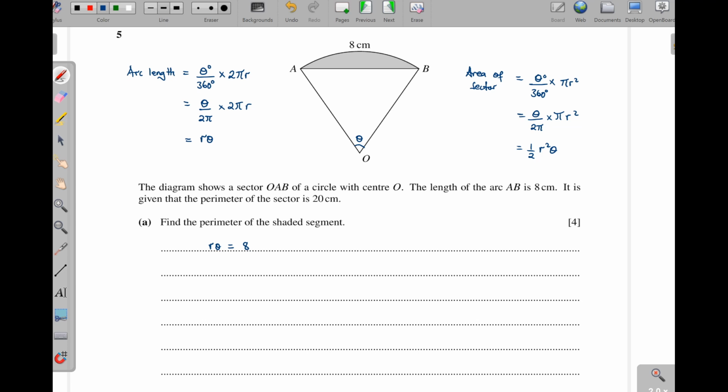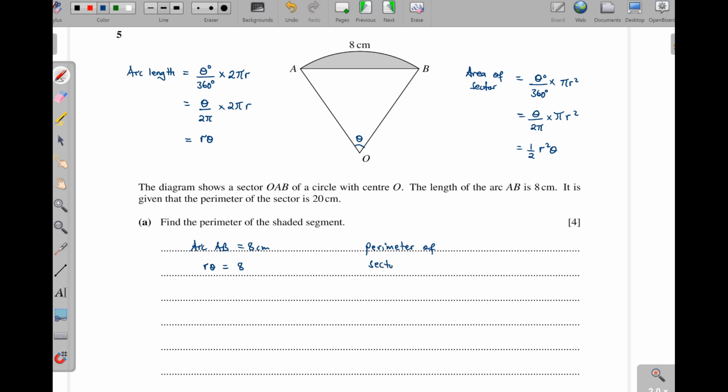Then we go to the perimeter. Okay, perimeter. So let me put this one down here, and I say arc AB is equal to 8 centimeters. Then we go to the perimeter of the sector, pardon me here.